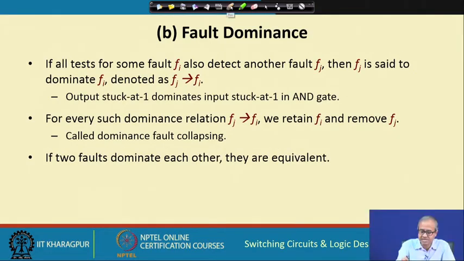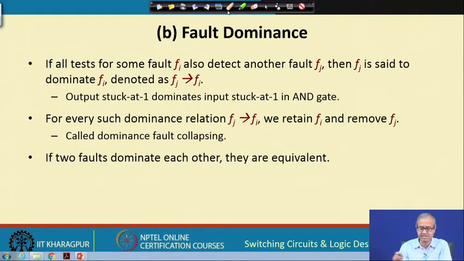Okay, fault dominance, let us try to understand the definition, then we will take an example. This says, if all the tests for some fault, let us call the fault F i, also detect another fault F j, then we define that F j dominates F i. We denote it like that, F j arrow F i.